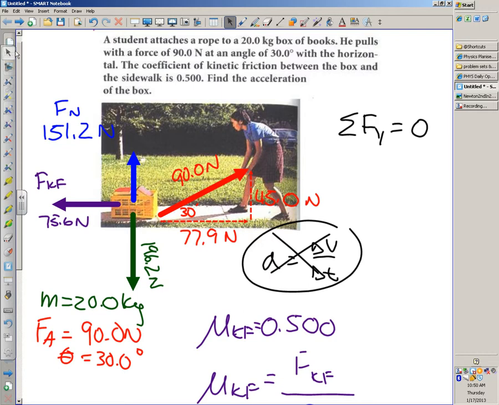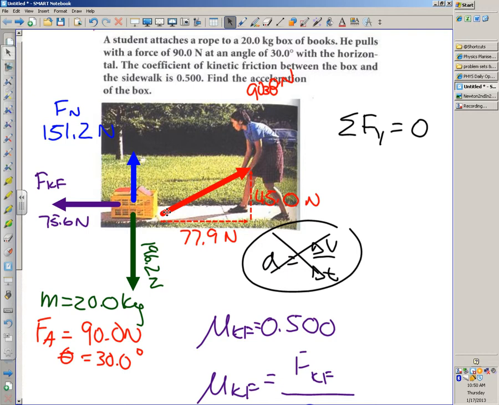Breaking this 90 Newton applied force into its component forces is pretty much the equivalent of taking it out of the picture and just leaving us with these 2 forces, because this applied force is the resultant of these 2. Is that okay? Okay.